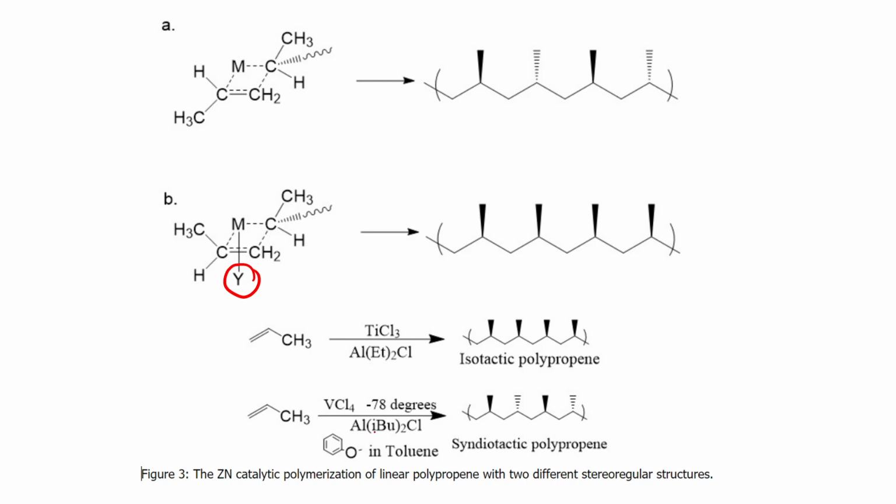Because for this case here you can see it is an isobutyl group, and for this case it is an ethyl group. So obviously, isobutyl's bulkiness is much higher compared to your ethyl ligand.